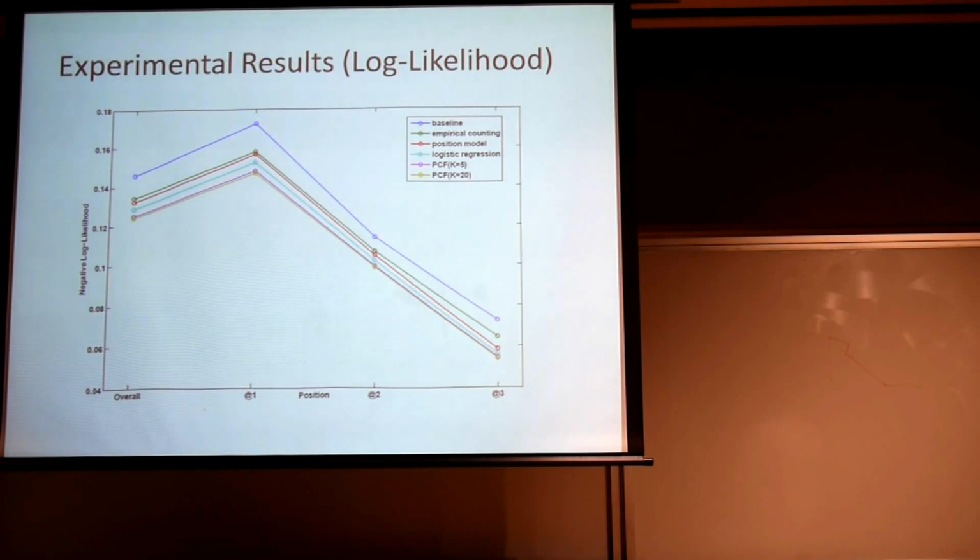The result is consistent with the previous experiment: the PCF with the largest projection dimension has the best performance, followed by the PCF with lower projection dimension, then by logistic regression, the position model, and empirical counting.